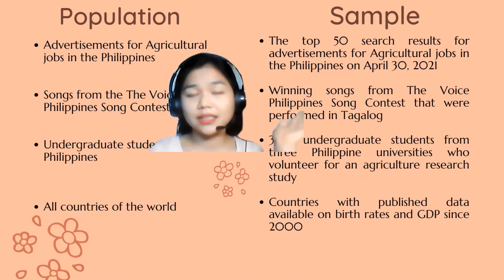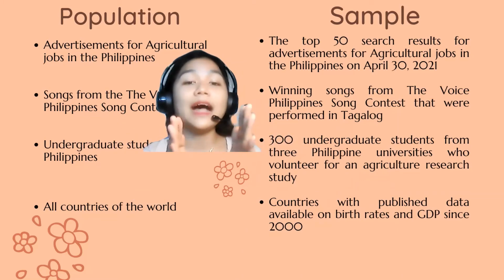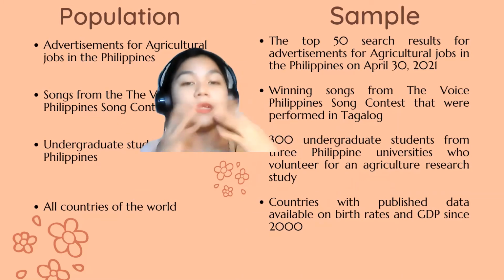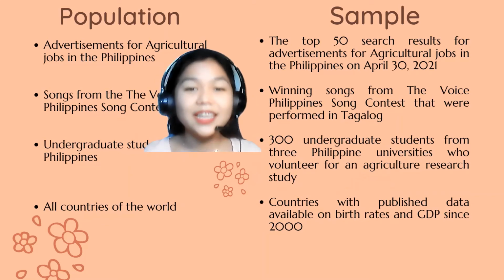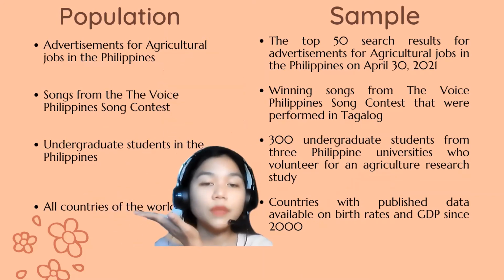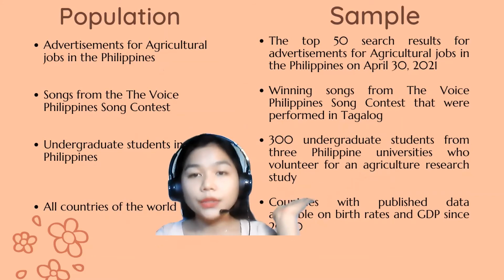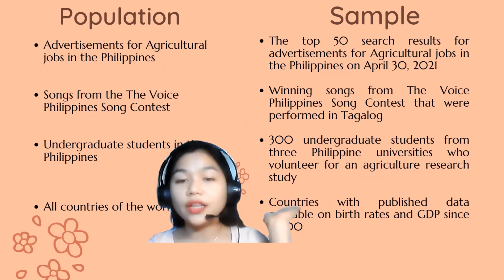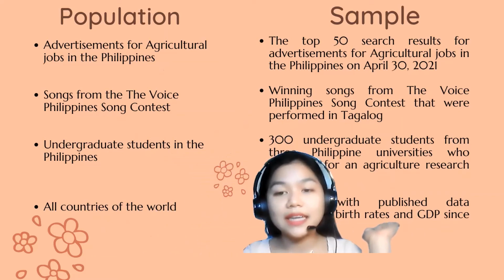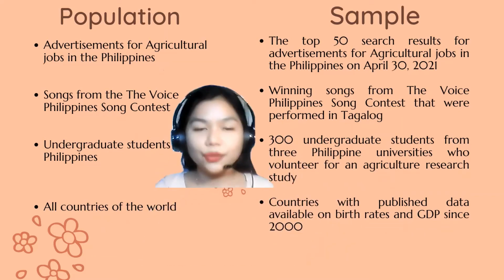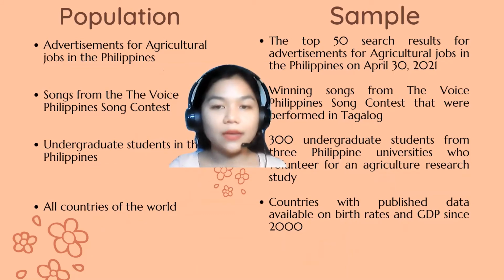So with this, you actually narrow down, okay, the units that will be used in the study, thus narrowing also the resources that will be invested. And then population, all countries of the world. So why not focus on the countries with published data available on birth rates and GDP since the year 2000.